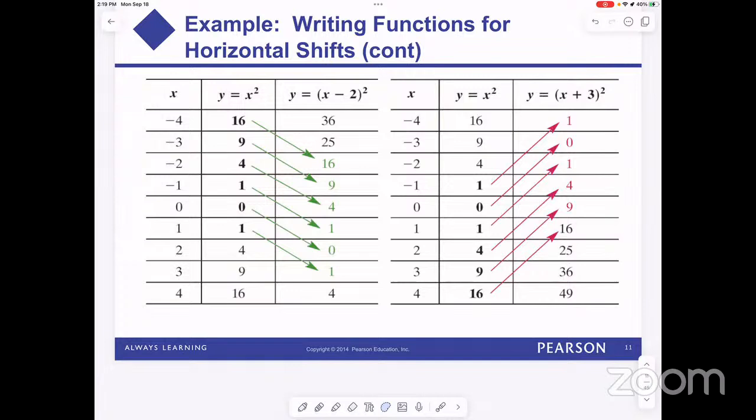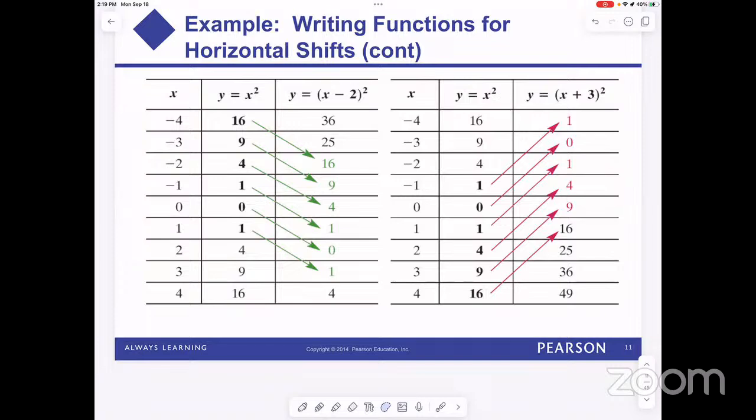But notice for g, we subtracted 2 on the inside. For h, we added 3 on the inside. So if you just had to guess, if we subtract 2 on the inside, how do you think that's going to affect the graph? So take a moment to yourself, all right? If we subtract a positive 2 on the inside, how does that affect the graph?